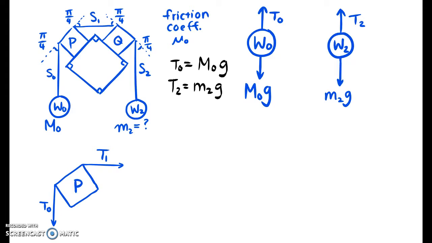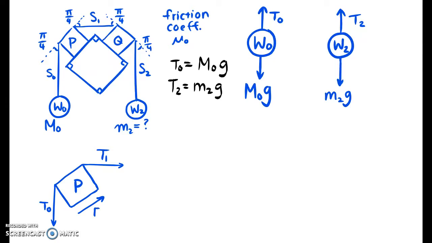When we just have W0, the natural inclination of the system is to move counterclockwise. So P's natural inclination is to go down the slope. So friction helps to counteract that. So friction will act upwards, parallel to the slope.